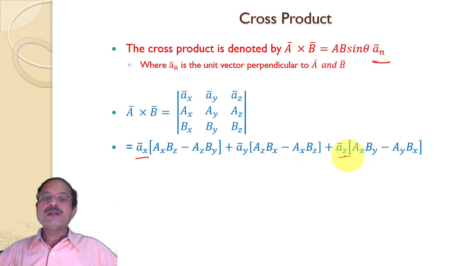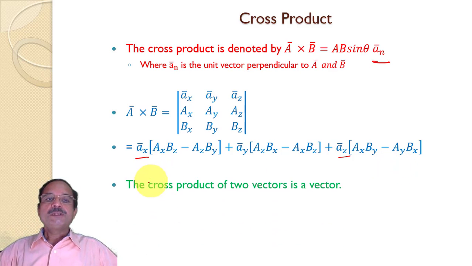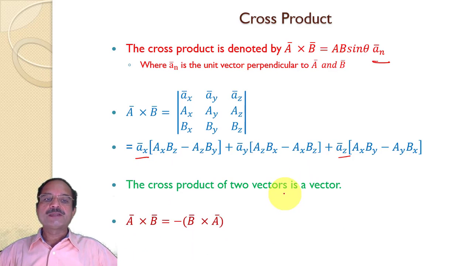Similarly, the z component is axby minus aybx. The cross product of the two vectors is a vector, as we already discussed.